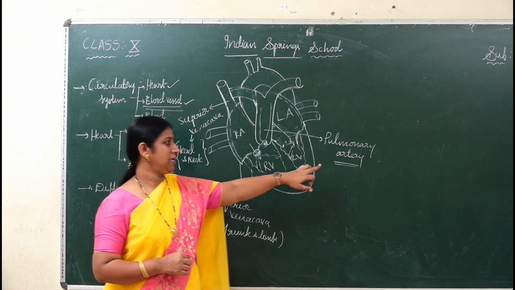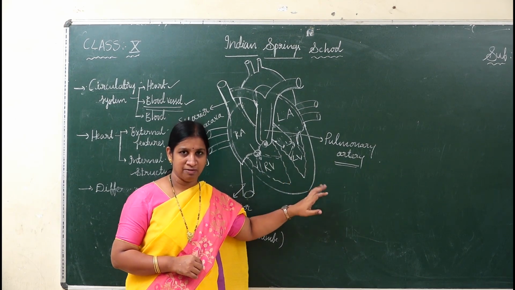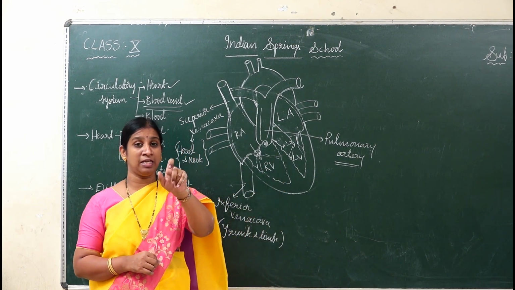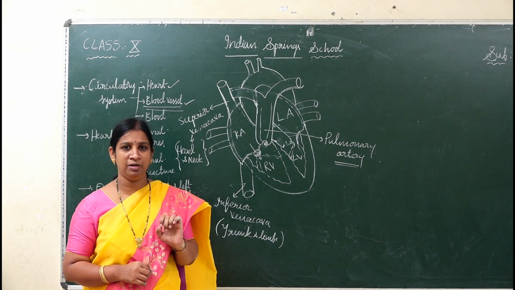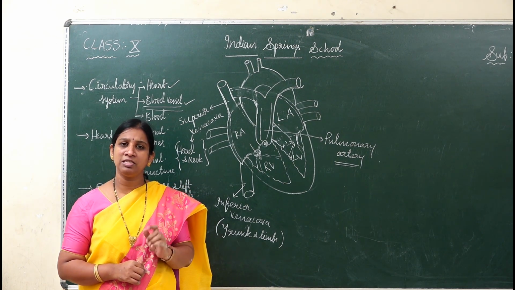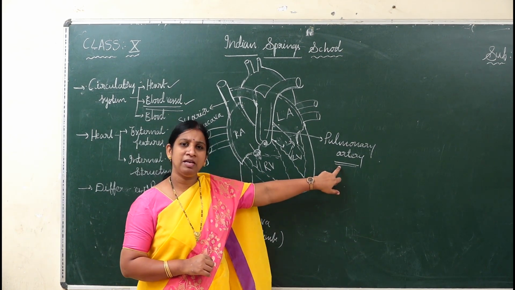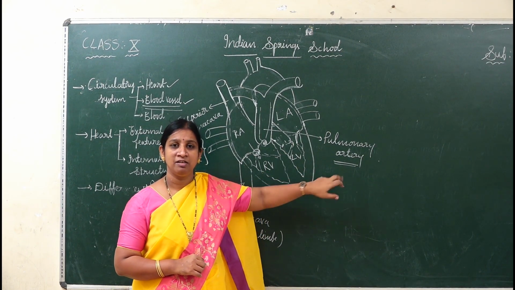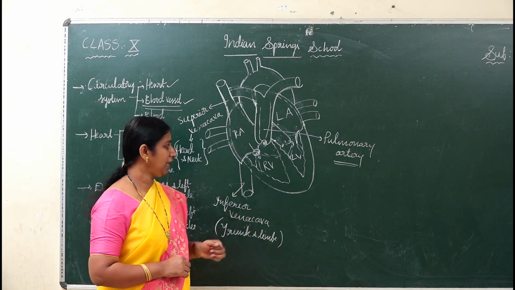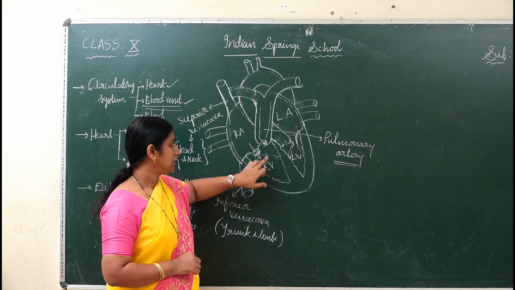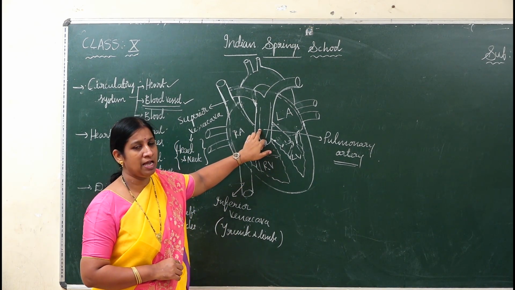But this pulmonary artery, though it is an artery, carries deoxygenated blood. That is a very important bit you have to remember. All the arteries generally carry oxygenated blood, whereas the pulmonary artery carries which blood, children? Deoxygenated blood.